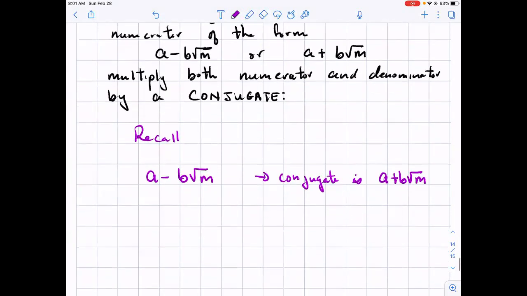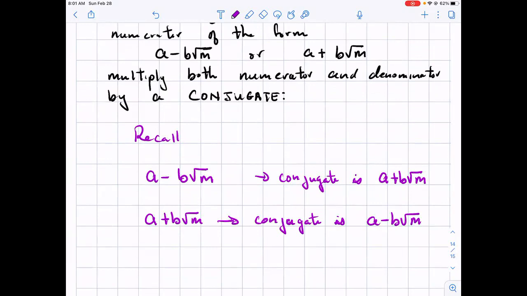Okay. Likewise, if we have a plus b square root of m, the conjugate is a minus b square root of m.